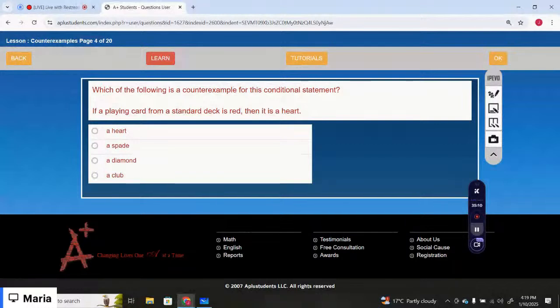Which of the following is a counterexample for the conditional statement? If a playing card from a standard deck is red, then it is a heart. So which is the correct option?